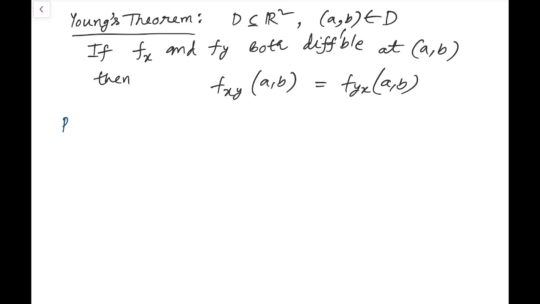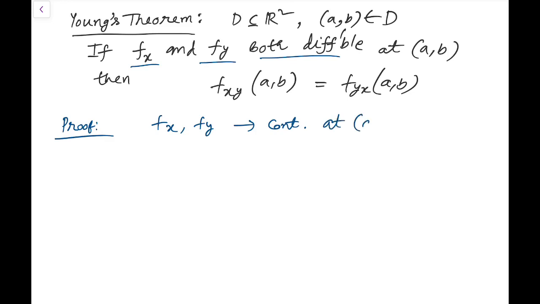So पहले इसका proof देख लेते हैं. Since fx and fy both are differentiable, therefore fx, fy both are continuous at the point (a, b).